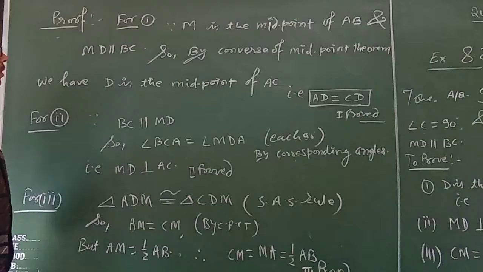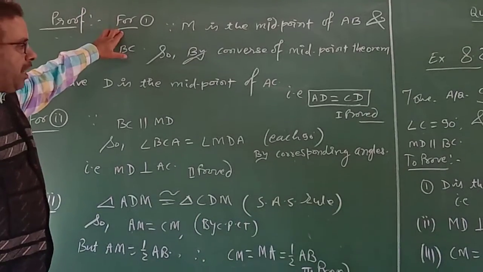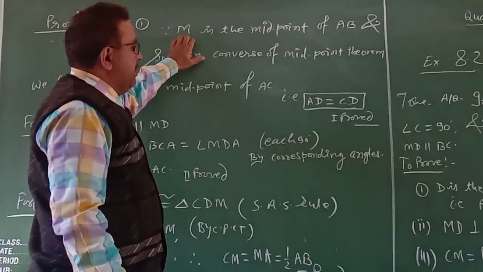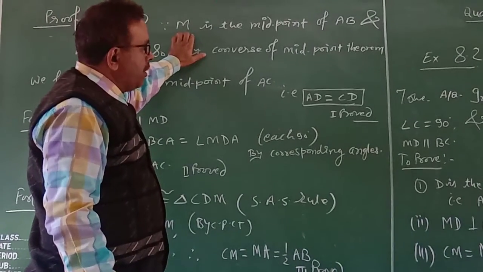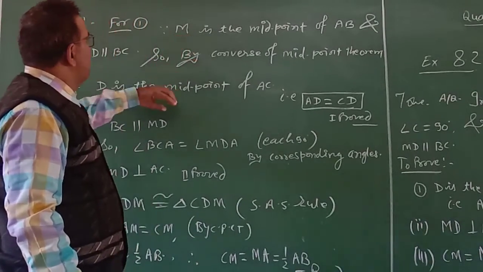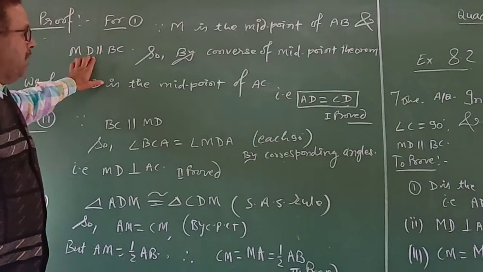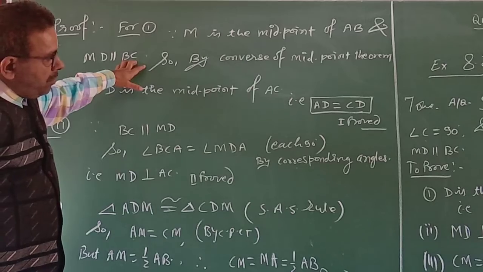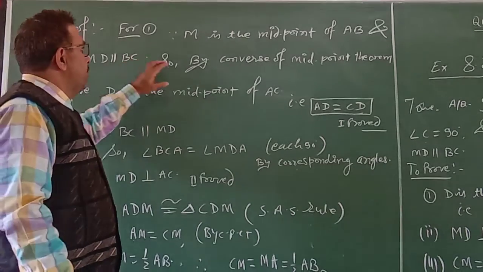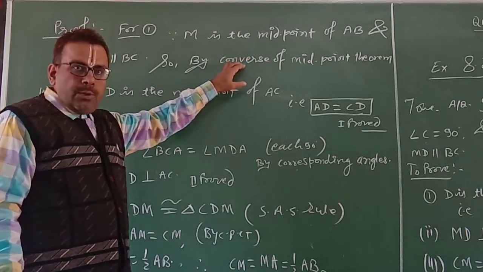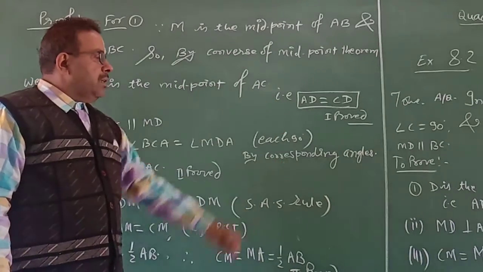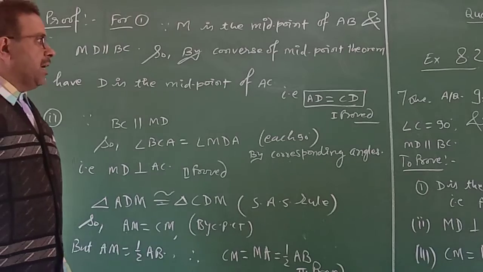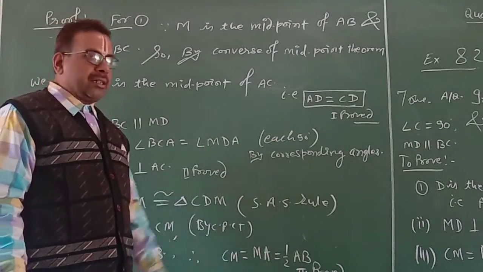So what we are given for first proof, already it is given that M is the midpoint of AB and MD parallel BC. So by converse of midpoint theorem, we know that in a triangle a line drawn parallel to second side from the midpoint of one side bisects the third side.